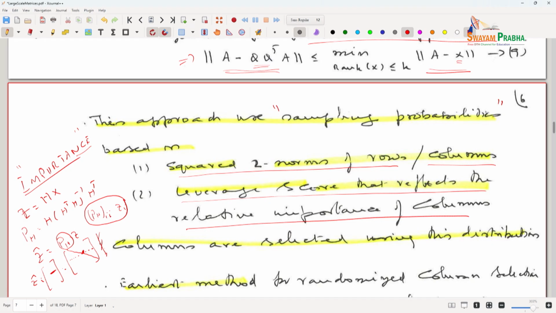So, if PH_ii, the ith diagonal element of the projection matrix, is large, the input vector affects the fitted value, it has more influence. If the PH_ii is small, the input data has a lesser influence on the fitted value.